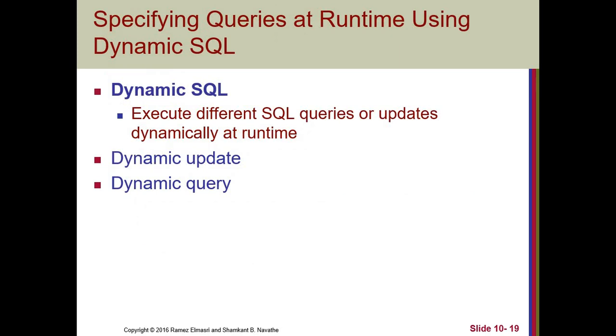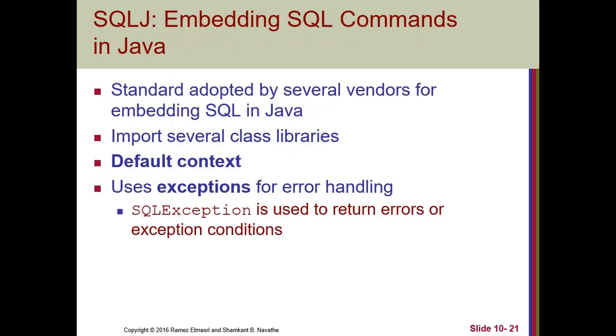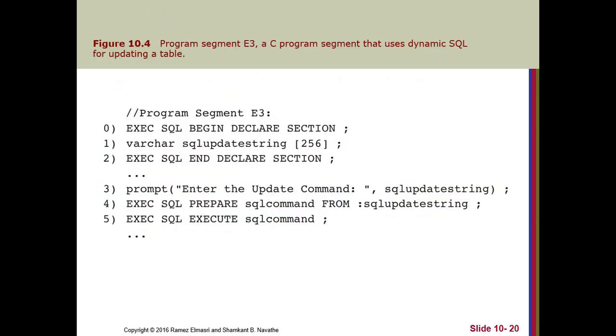Dynamic SQL is like dynamic web pages, where they are constantly changing based on commands and not static. Here, we can type in updated commands up to 256 characters for our database based on our dynamic SQL code here in C programming language.